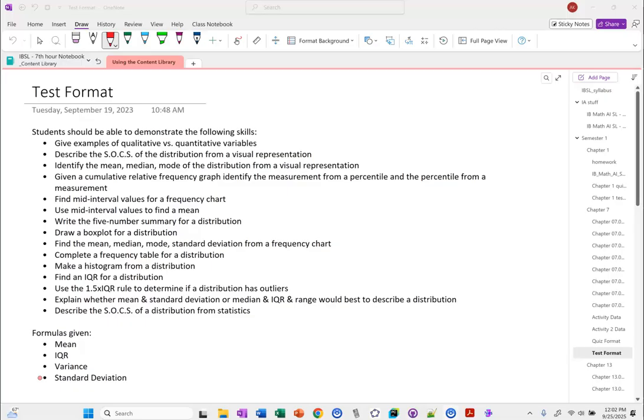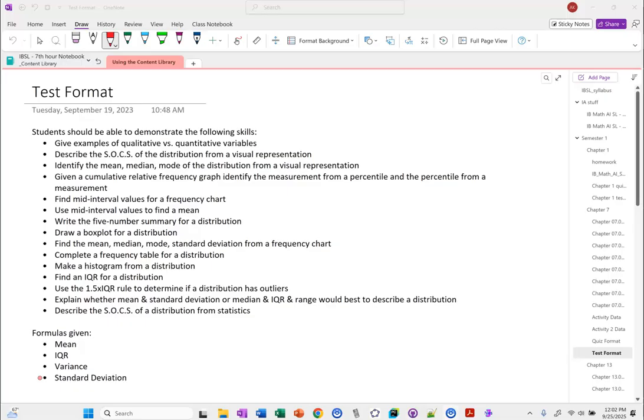Yeah, median for skew. Okay. Now, did you listen to what David just said? Yes. Because if you give me the improper measure of center based on the shape, I'm gonna mark it down. Okay?